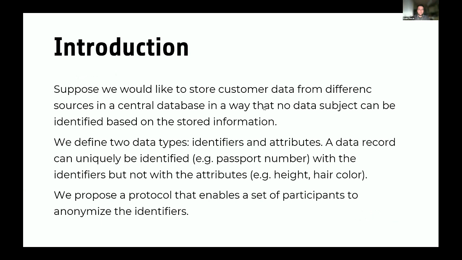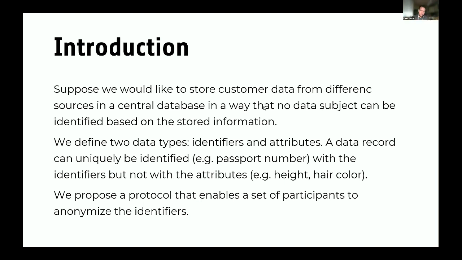So let's suppose we would like to store customer data in a common database from different sources in a way that the data subjects in the database are not identifiable from the given information. So in order to do it, we partition the data attributes into two different sets: the identifiers and the attributes.